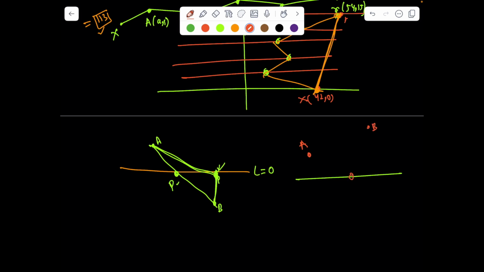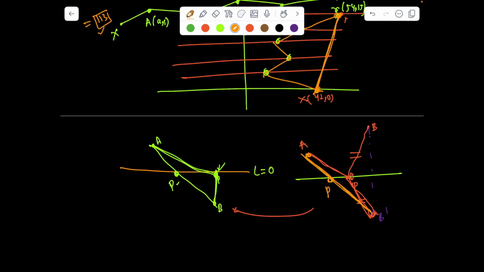Okay, what will happen if we have 2 points, let's say A and B, on the same side? And now if P is a variable point, clearly for AP plus PB, it's difficult to visualize, but we can play a trick. Imagine if I take the image of B over here, B dash. So now the PB distance is the same as the PB dash distance. And hence, in order to minimize PA plus PB, I can just minimize PA plus PB dash. And this is the same as this question. So here again, the minimum distance will be AB dash.